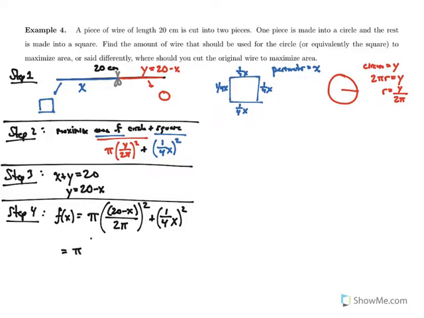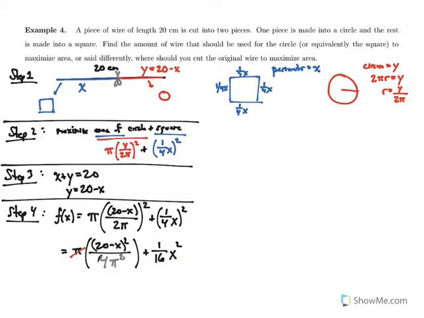We have pi times (20 minus x) squared over 2 pi squared plus 1/16 x squared. We have a pi here. Actually, we can keep it a little bit further. 2 pi squared is 4 pi squared.